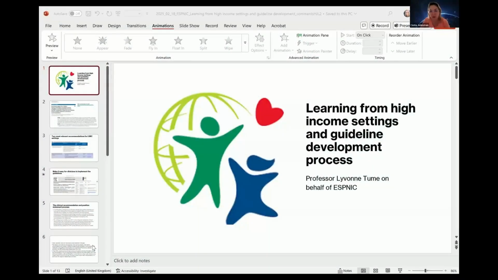Professor Lyvonne Tume, Professor of Critical Care Nursing at Edge Hill University and Director of the Clinical Research Development Program at Alder Hey Children's Hospital, Liverpool. She's Associate Editor of Nursing in Critical Care and on the Editorial Board of Pediatric Critical Care Medicine and the Journal of Parenteral and Enteral Nutrition. She's an intensive care nurse with 35 years of experience in Australia and the UK.